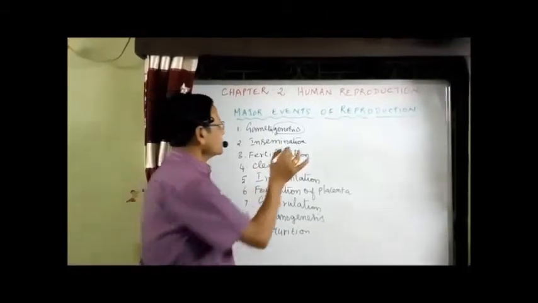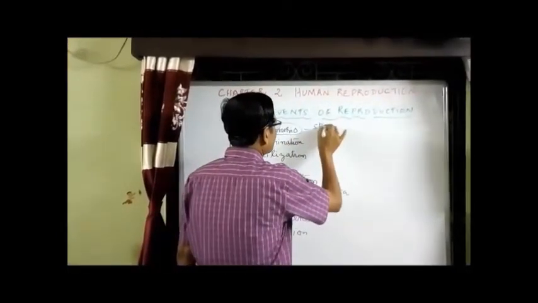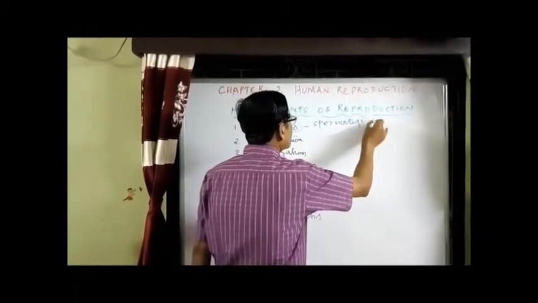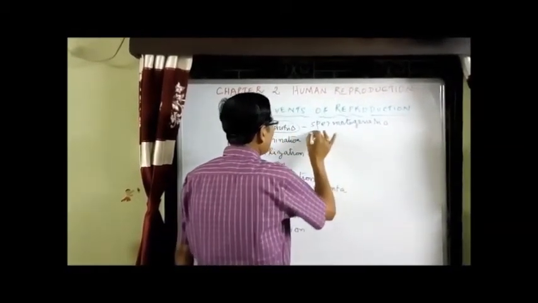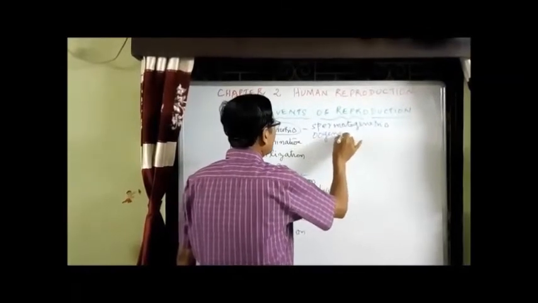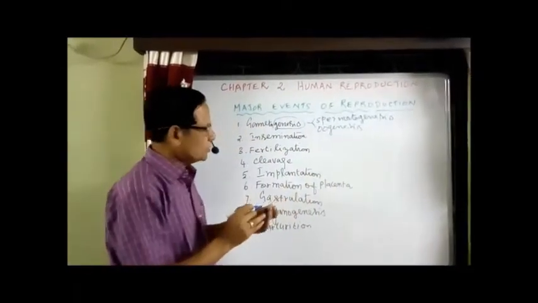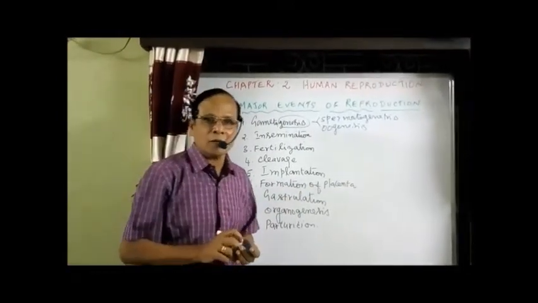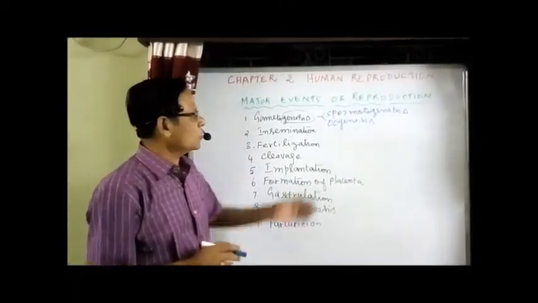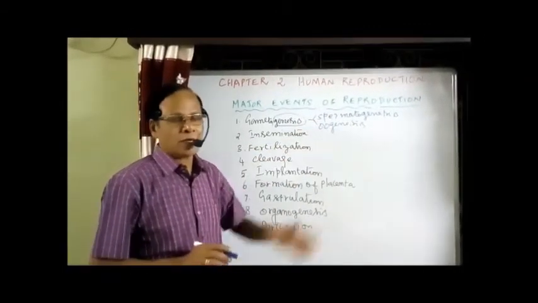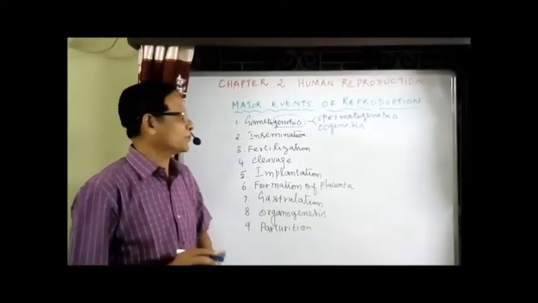The formation of sperm is called spermatogenesis, and the formation of ova or egg is called oogenesis. So we have gametogenesis, two types. One in the case of male called spermatogenesis, another one called oogenesis. Spermatogenesis, the formation of male gametes or spermatozoa.